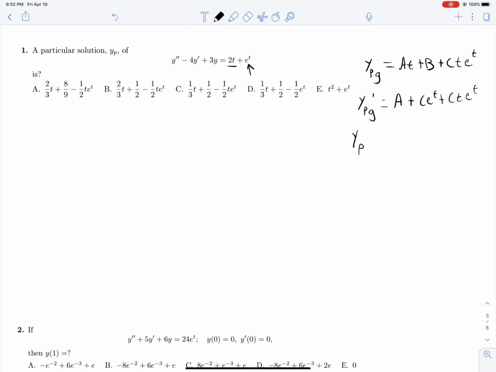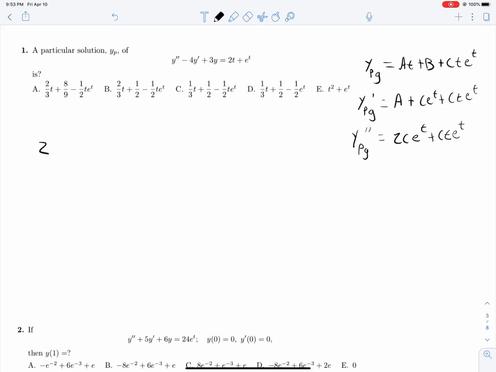And then ypg double prime will be 2c e to the t plus ct e to the t. Now all we have to do is plug all of this into our original equation up here, the non-homogeneous version of it, and we will be able to solve for a, b, and c, assuming we've done everything correctly.